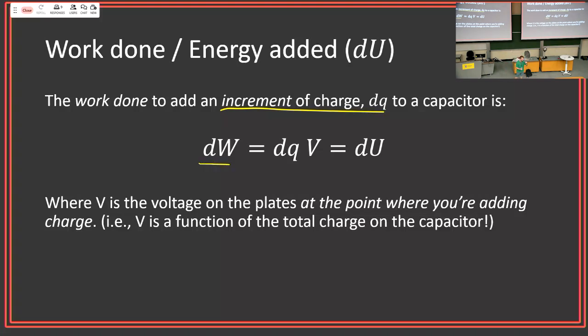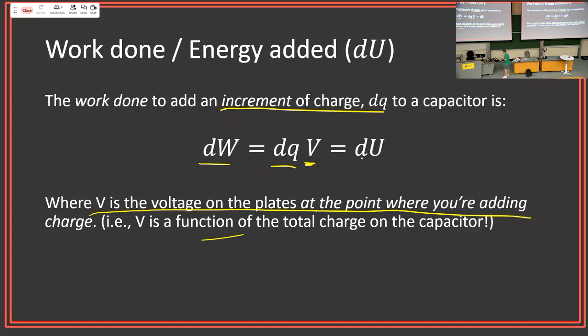It's going to be integrated. It is dQ, the little bit of charge we want to add, times V, where V is the voltage at that time. V here is a variable, because depending on how much voltage is between the plates, that affects how much energy it takes to put a little bit more charge on. If they're already really saturated with charge, it's really hard to put more charge on it.